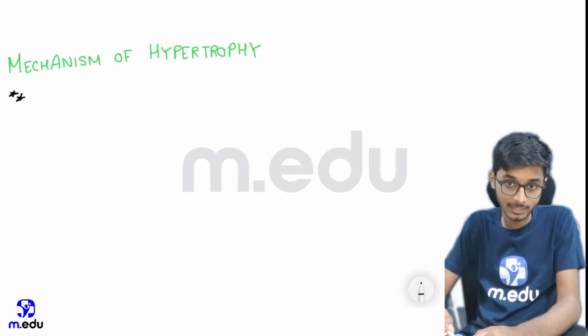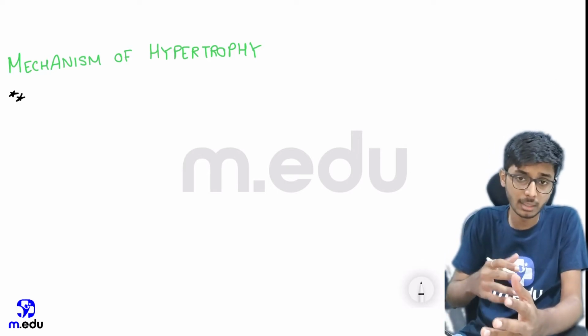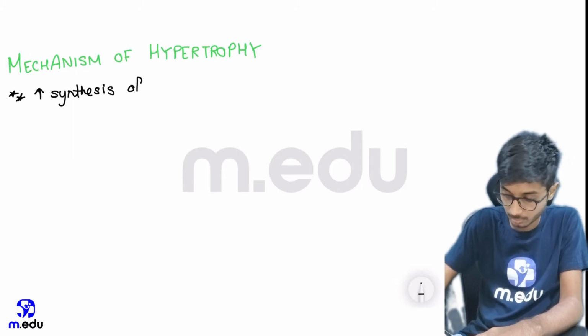So now let's see the mechanism of hypertrophy. Well, the mechanism of hypertrophy can be easily defined as the increased synthesis of cells or cellular proteins.